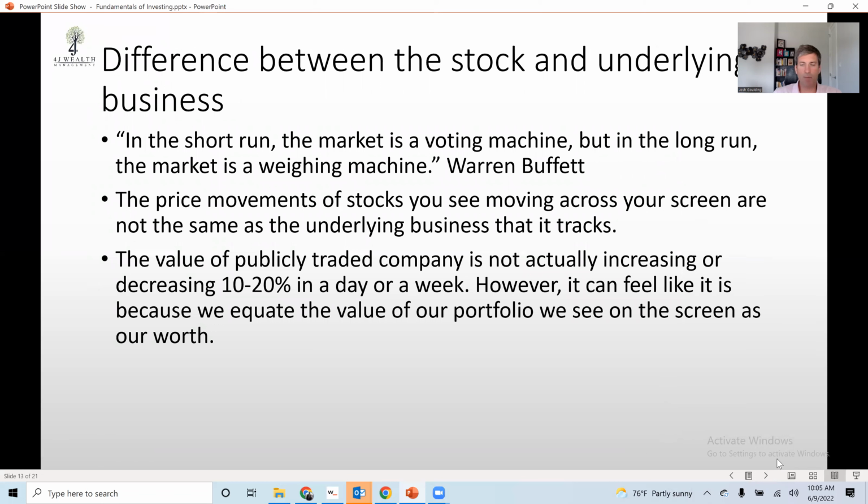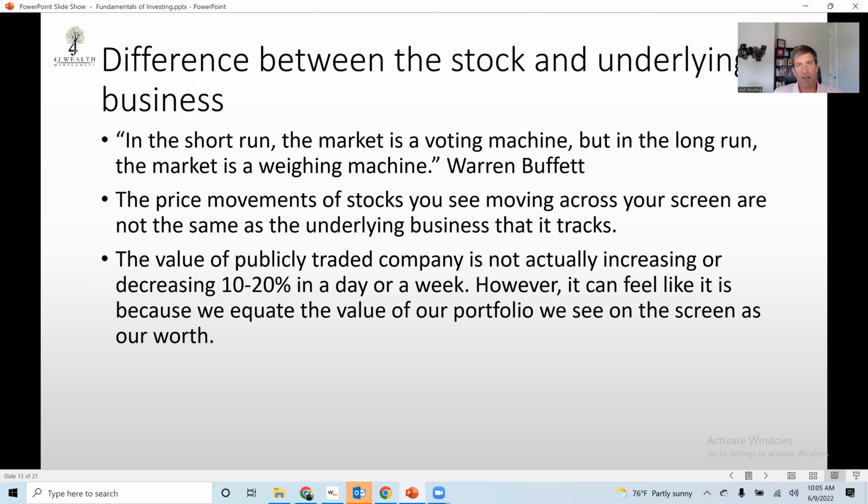Another important principle here is to understand the difference between the stock and the underlying business, right? The stock is the ticker you see, the price moving across the screen on a daily basis. And it's just trying to track the underlying business.